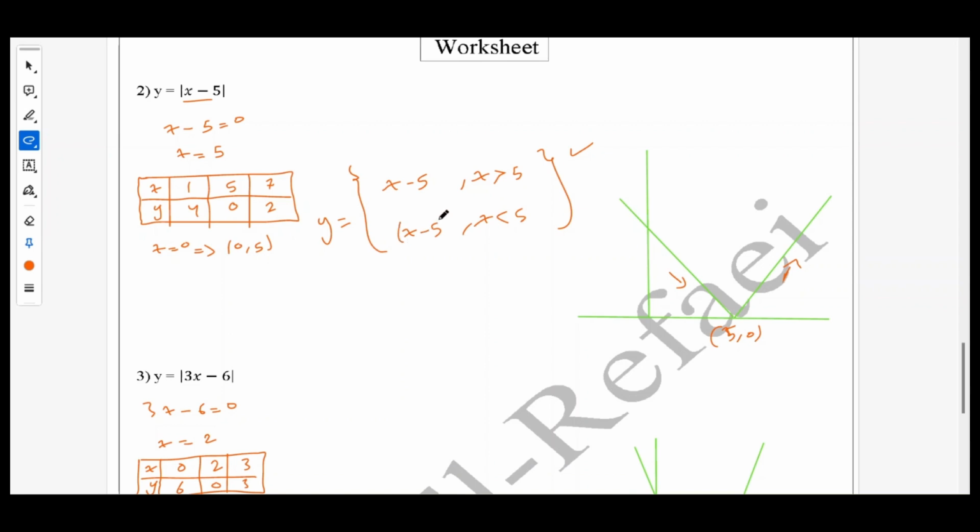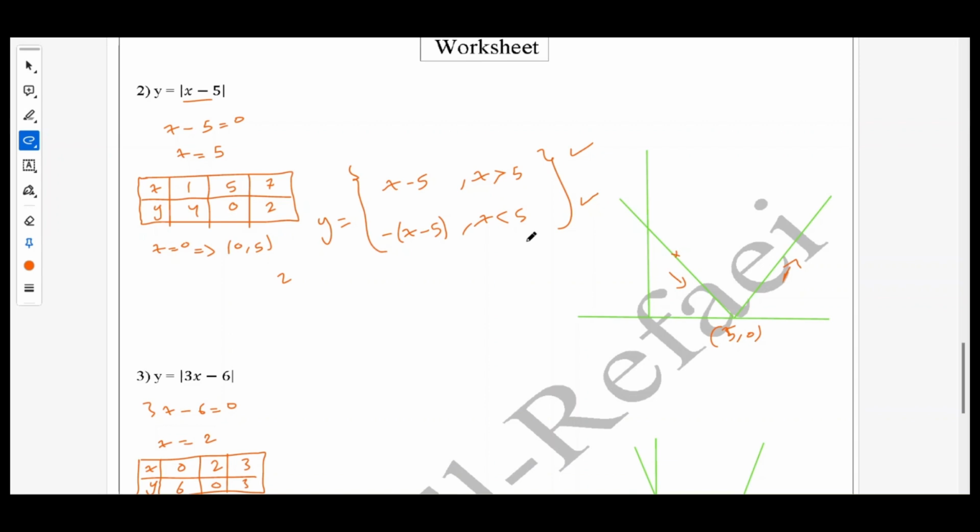So I have to multiply it by the negative sign. Let's just check. 1 minus 5, negative 4, by negative gives me 4. Excellent. Another example, 2. 2 minus 5, negative 3. Negative 3 by negative gives me 3. So this also became correct.